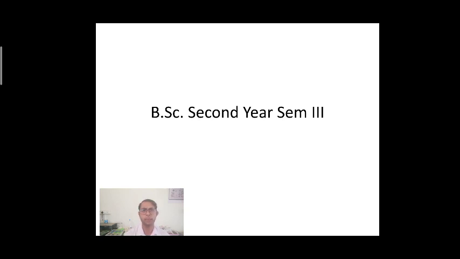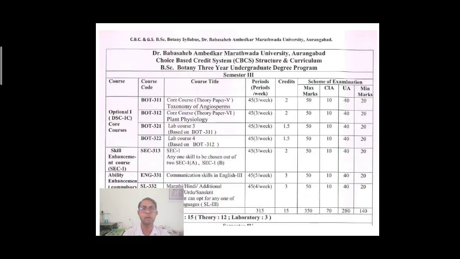Now as we know, there will be two different theory papers included in your syllabus in semester 3. So there will be two groups or two theory papers, that is taxonomy of angiosperm and plant physiology, which have 45 lectures and 2 credits, along with maximum marks of 50 each for these two papers.